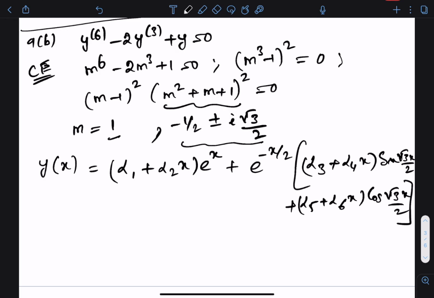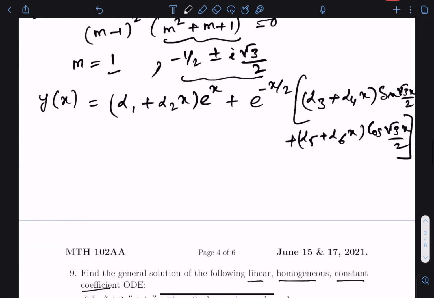Okay, so this is your general solution for the second problem, 9b.